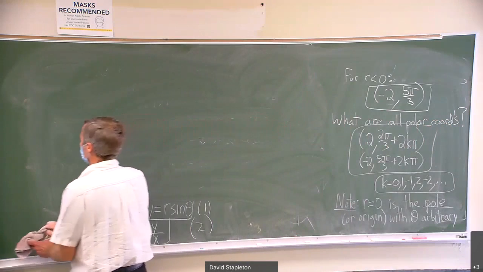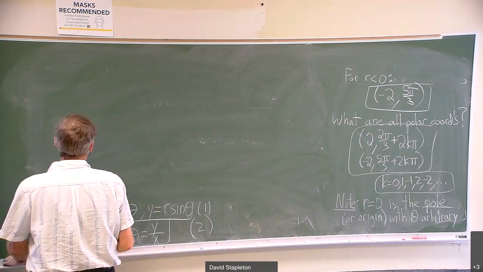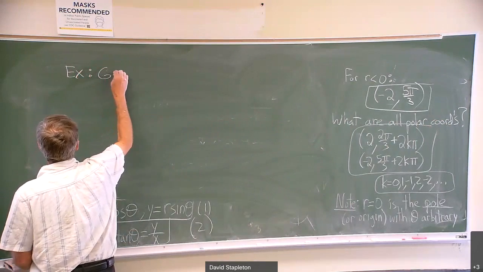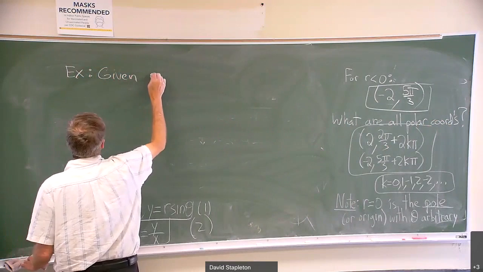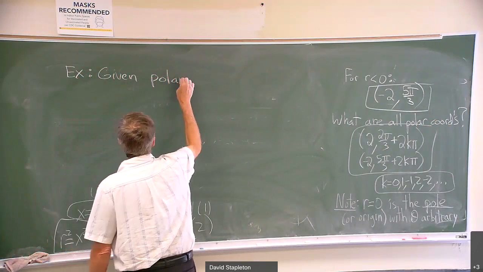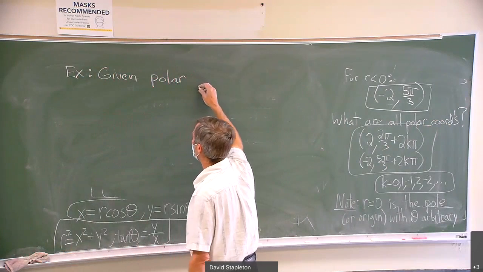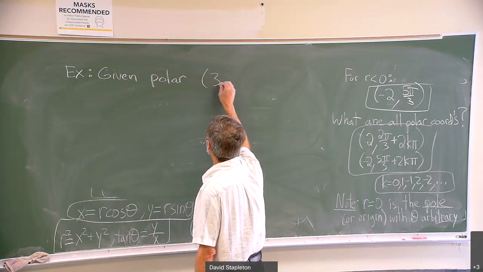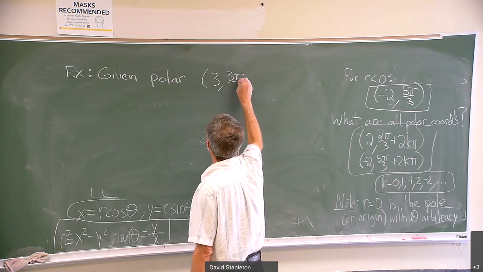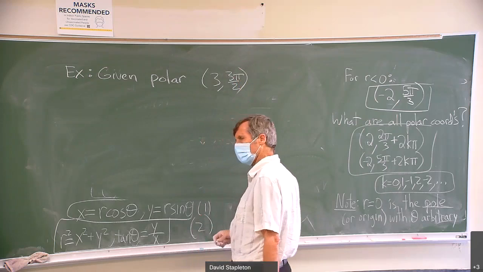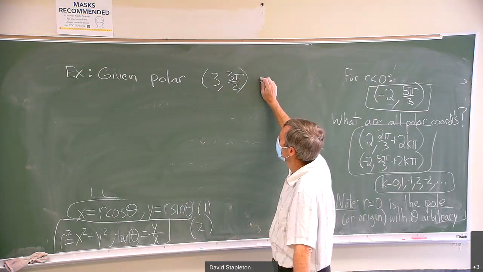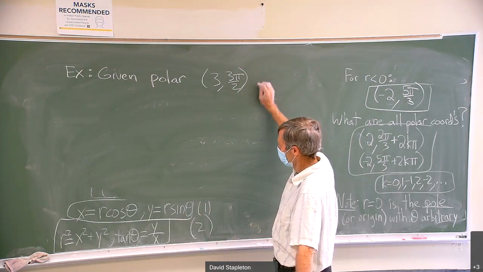Now we can try this. Suppose I'm given polar coordinates 3, 3 pi over 2. 3 pi over 2 puts you on an axis, right? You can do the same conversion equations.